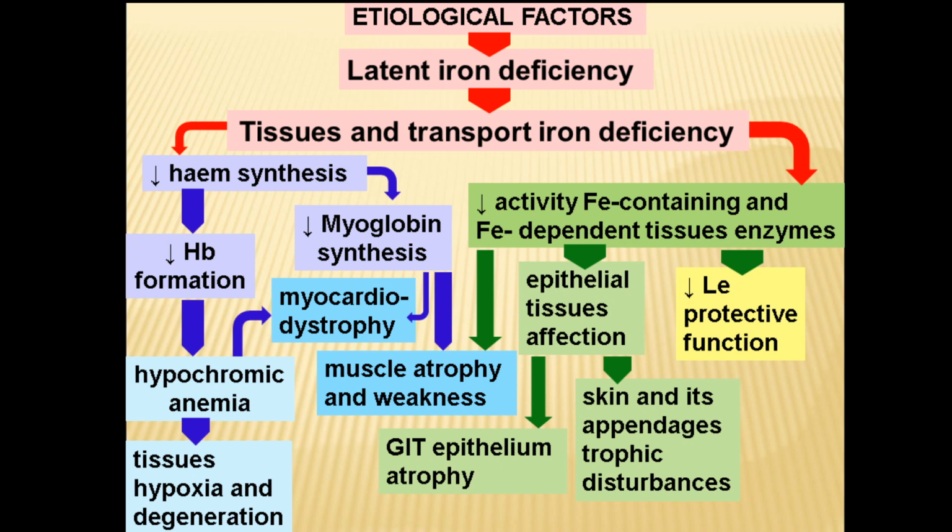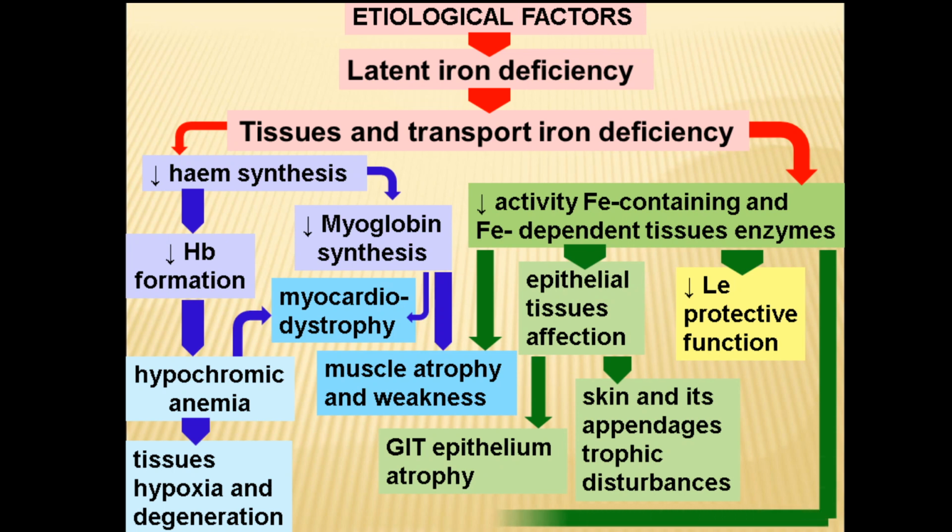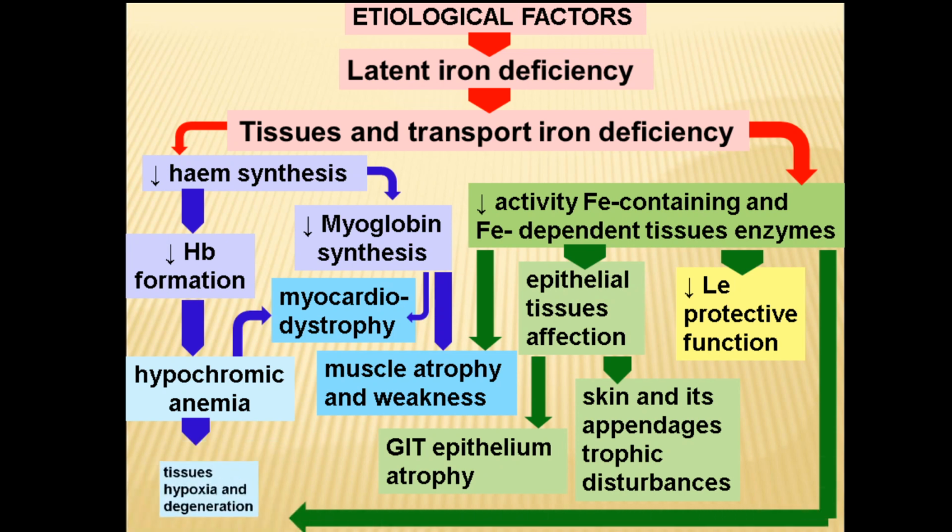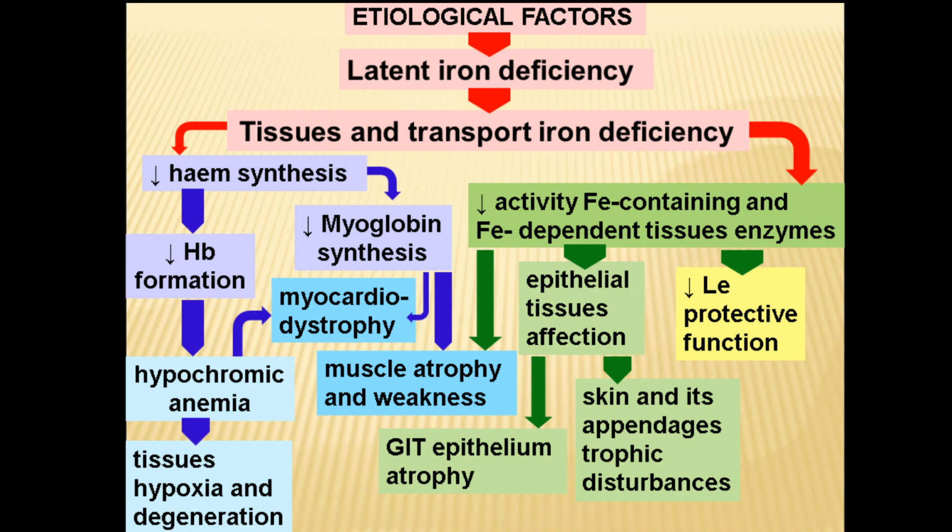If you remember, some time ago we spoke about the action of iron in immune response. And all this process finishes with tissue hypoxia, degeneration and some dystrophic processes. It is the pathogenic mechanism of iron deficiency anemia.